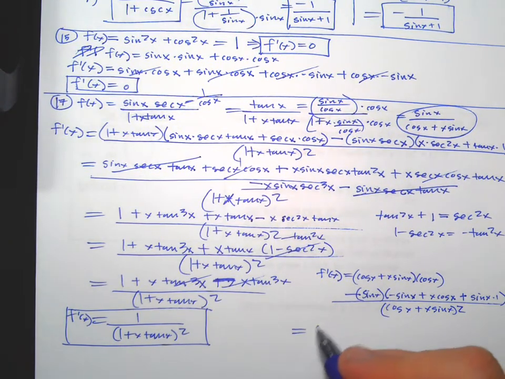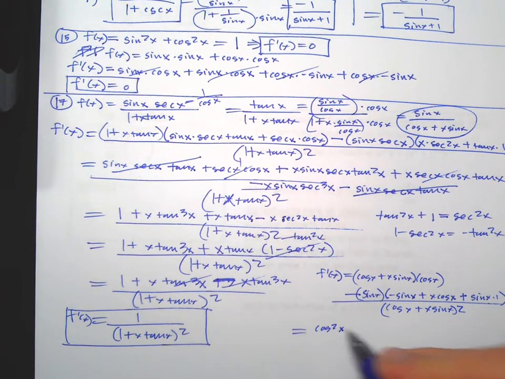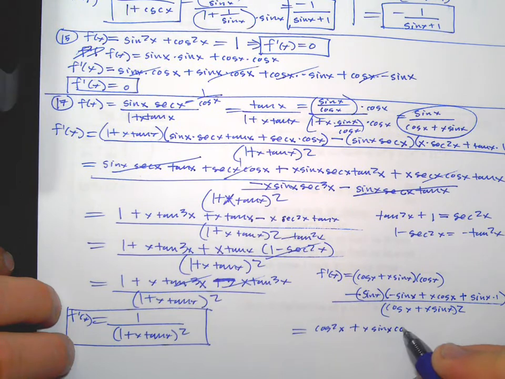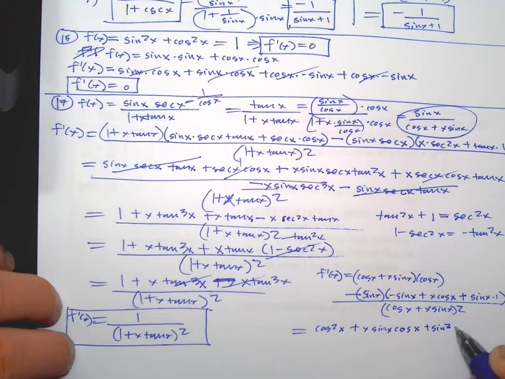And you get cosine squared plus x sine x cosine x plus sine squared minus x sine x cosine x minus sine squared.